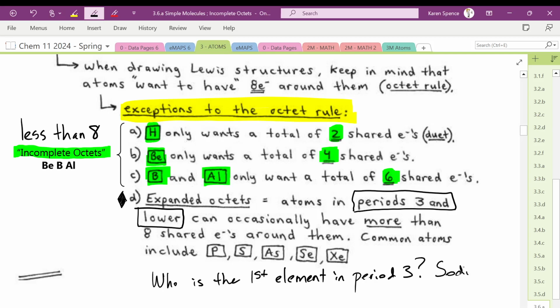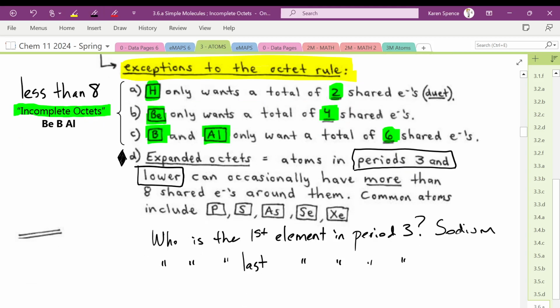So if you go all the way across, who is the last element in period 3? That would be argon. So you have to be like argon, in that row or below, in order to have expanded octets, which you don't need to know about unless you want to. Yes?